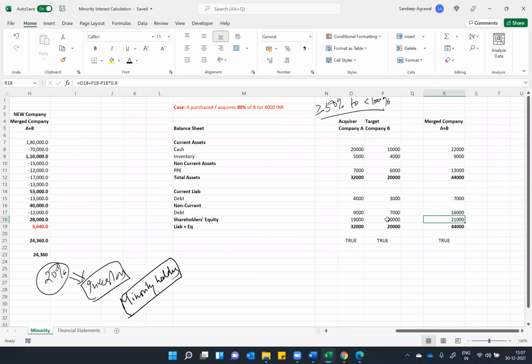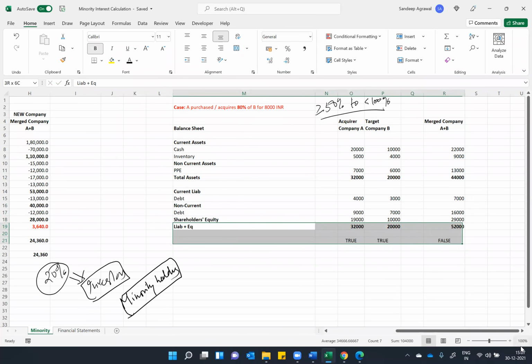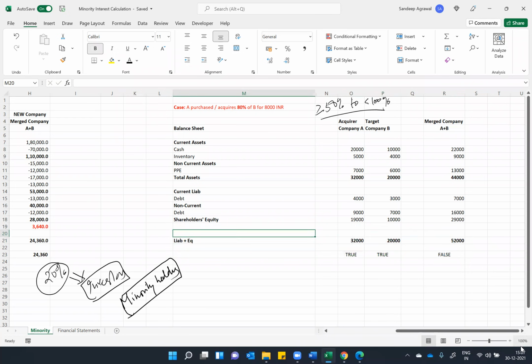And there is a last change that we have to do. Instead, I will say shareholder equity company A and shareholder equity company B. This is shareholder equity of company A, 19,000, and this is of company B. I will just paste it in a separate line.